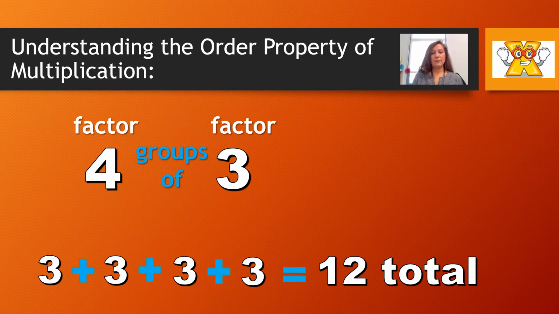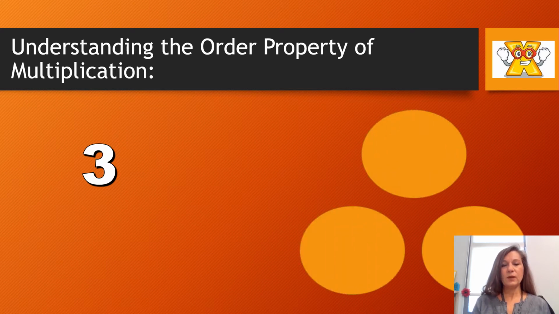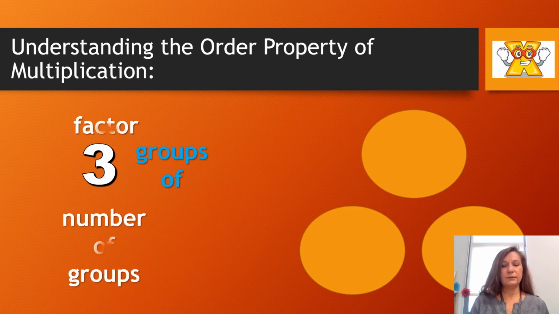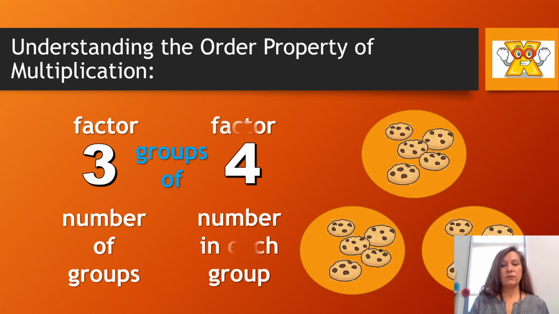Now, what happens if we switch those factors? So let's say that our first factor is 3 now. That means we have 3 groups of, and the number in each group is going to be 4, and that factor is going to tell us the number in each group. So now we have 3 groups of 4.